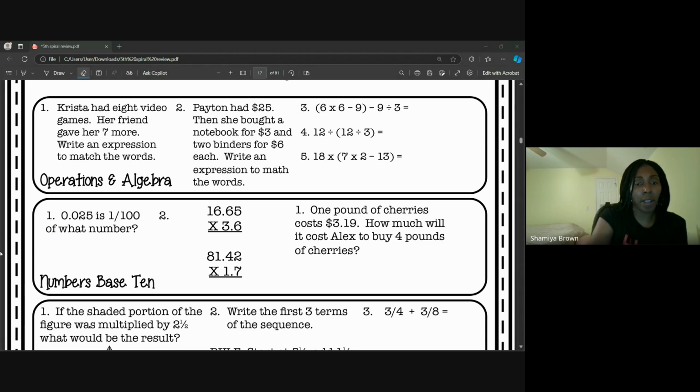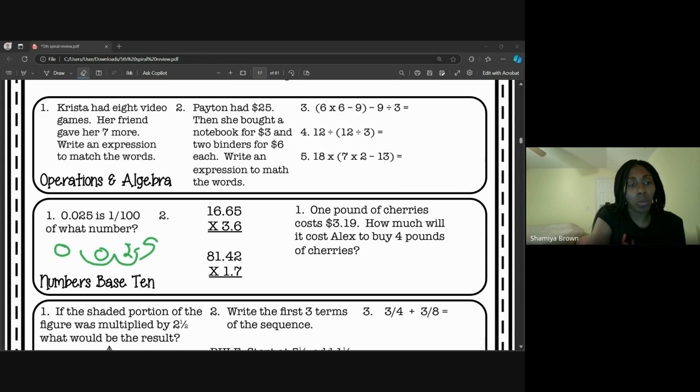If it's 1/100th of a number, I'm going to rewrite it just so you can see. 1/100th means I had to go over 2 places to get here, so I'm going to go back over 2 places, and that'll put me here.